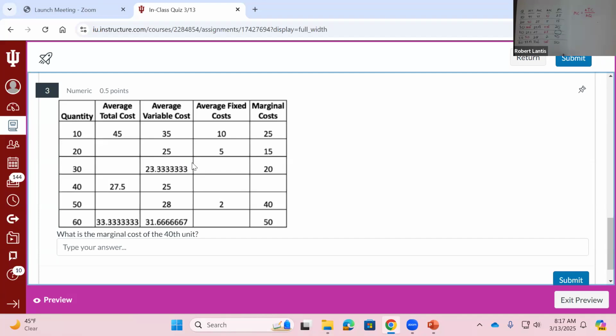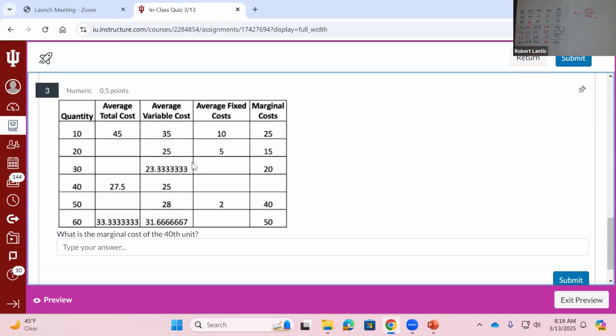Now here, what are all my changes in quantity? I kind of kept this easy. It's always 10 to 20, 20 to 30, 30 to 40, a change of 10, right? So when I'm looking at that marginal cost of the 40th unit, what was the change in my quantity? 10. Now I also need the change in my total cost.